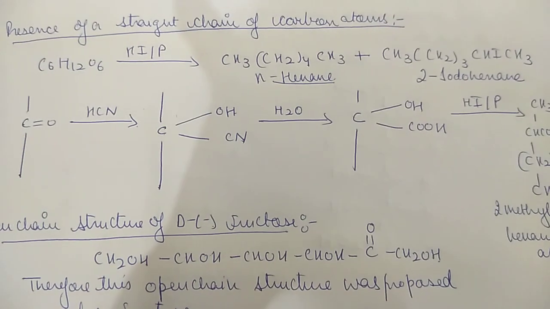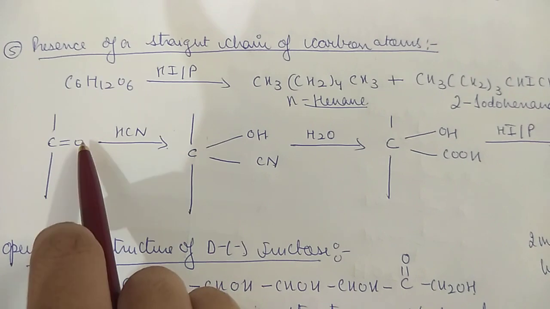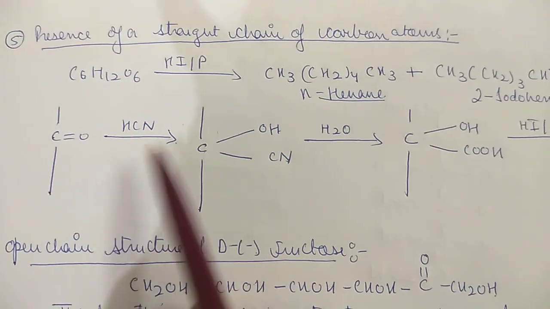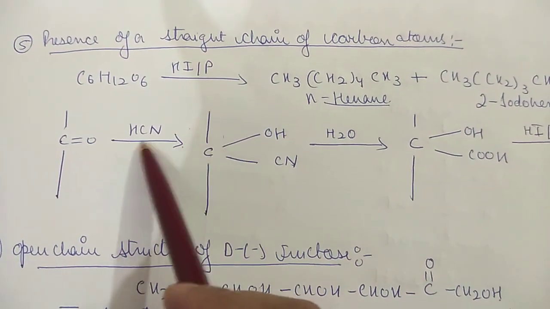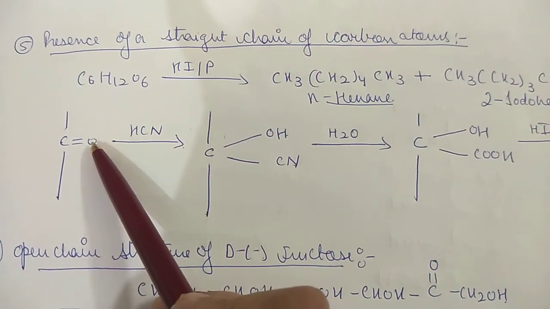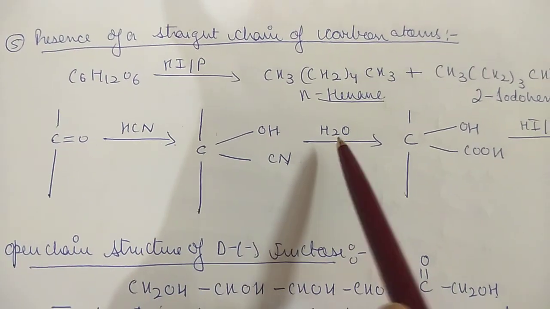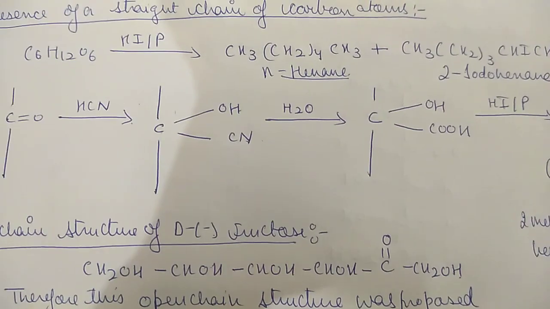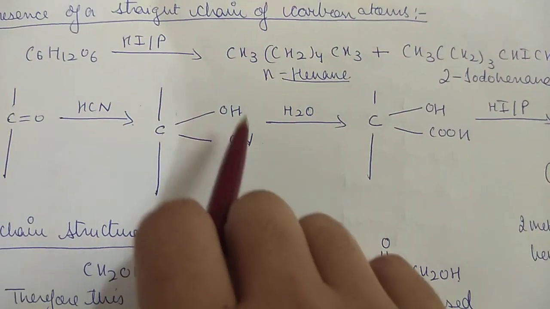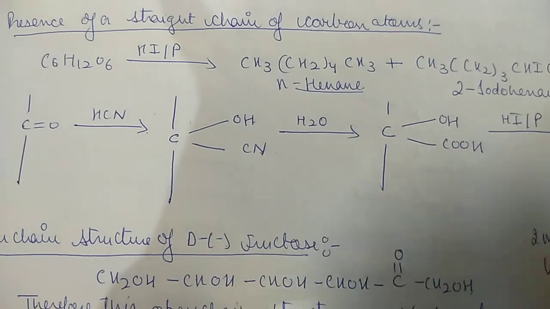and iodohexane is also formed. Another method which establishes that C double bond O is present is that C double bond O reacts with HCN and cyanohydrin is formed. A reaction takes place across C double bond O, adding OH and CN, and when you hydrolyze it, we get OH and COOH. This CN cyano group hydrolyzes to an acidic group.